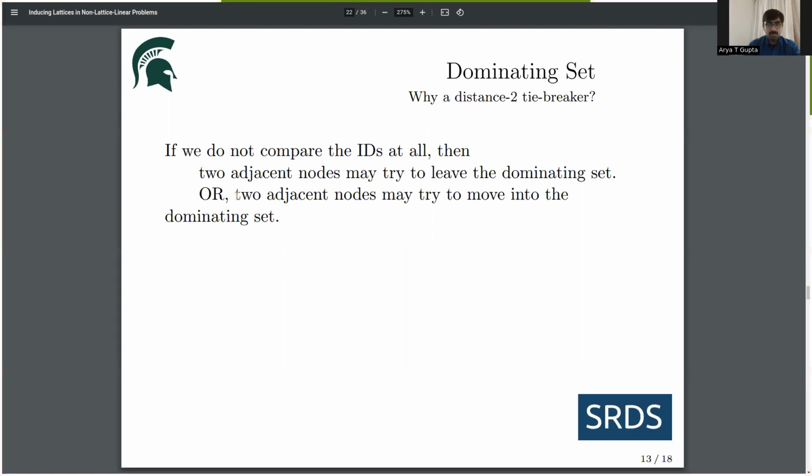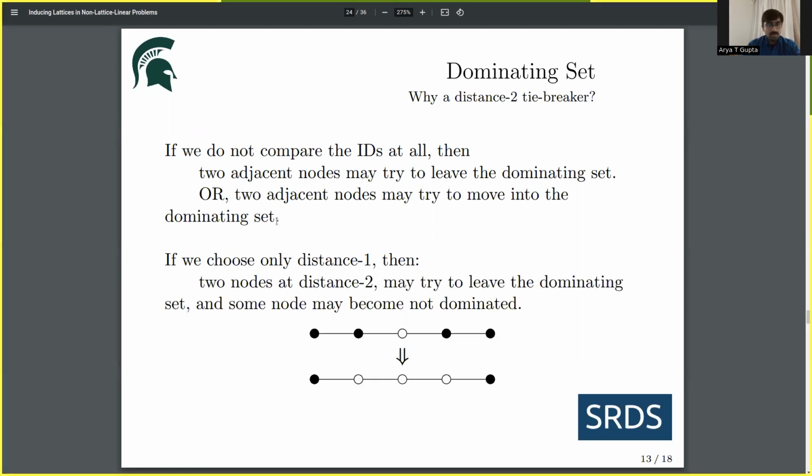So this is problematic. Now, if we choose only distance 1 in our tiebreaker, then two nodes at distance 2 from each other may try to leave the dominating set, and some other node between them might become not dominated.